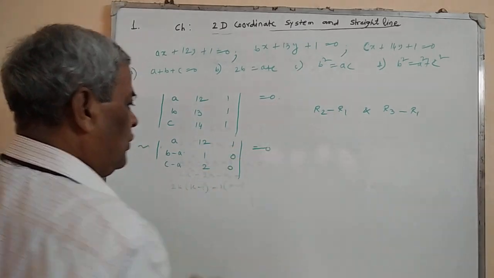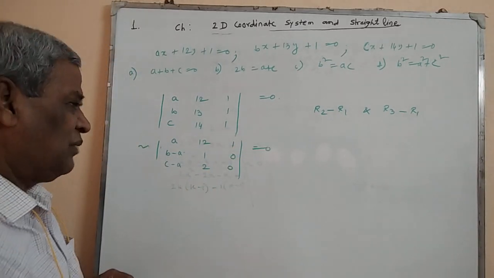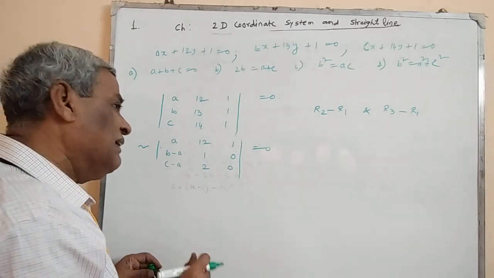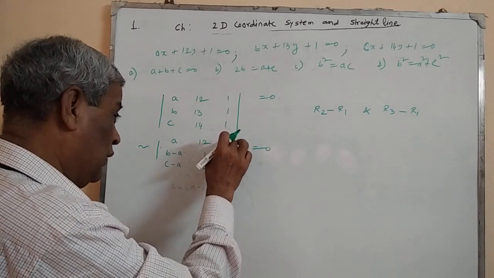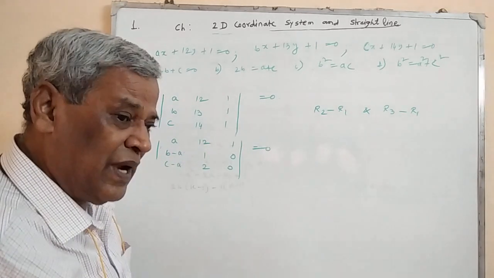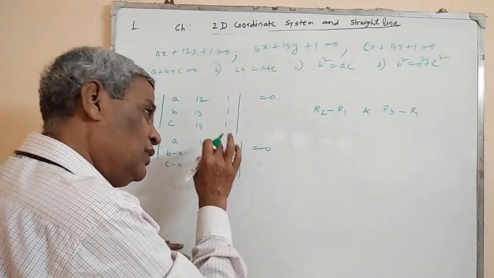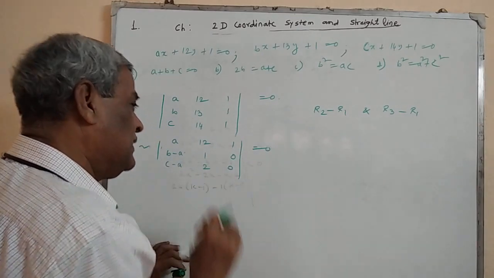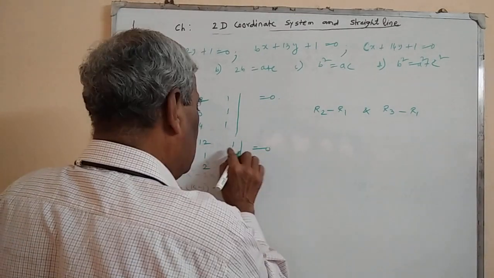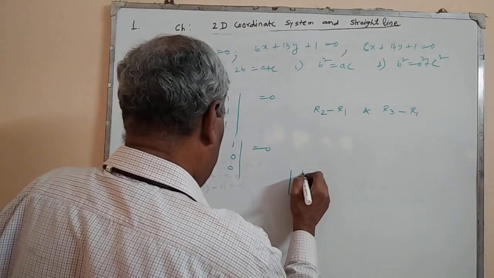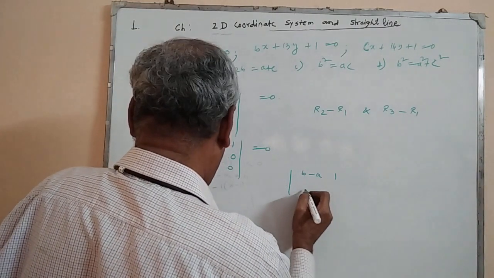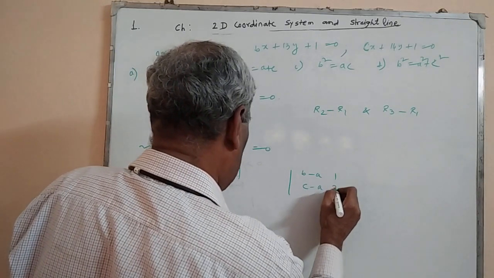That should be equal to 0. Now the determinant value can be obtained very easily from there. In the third column, only one element is non-zero and the other two are 0. So its value is 1 into B minus A, 1, C minus A, 2.